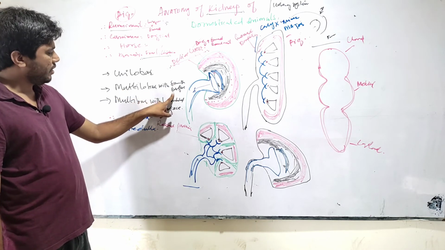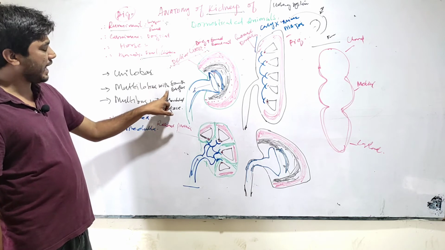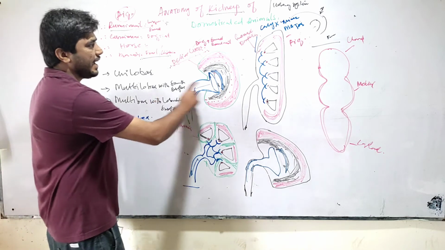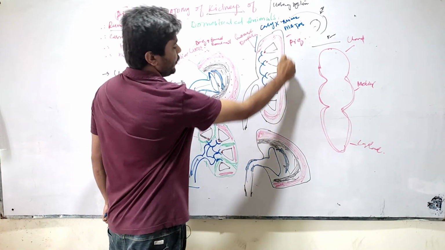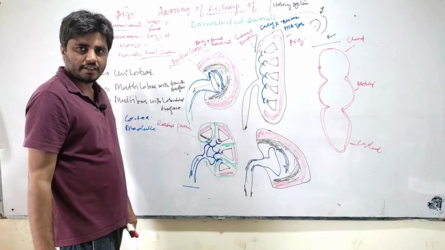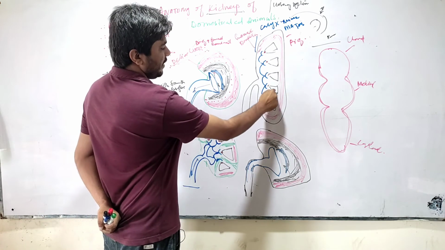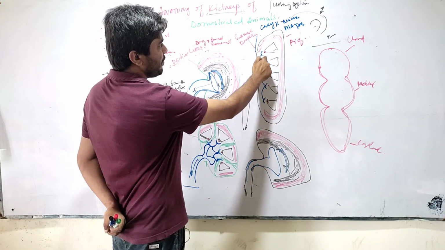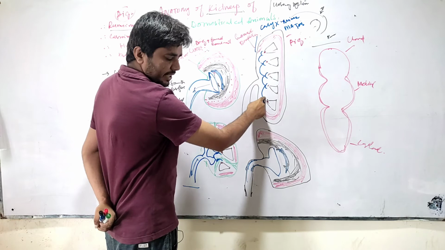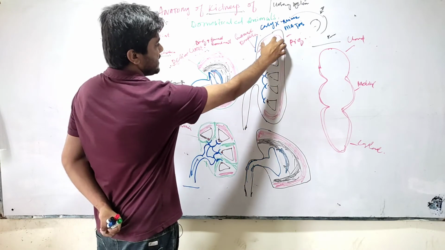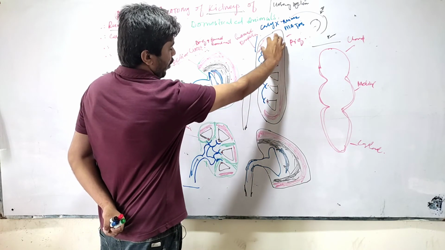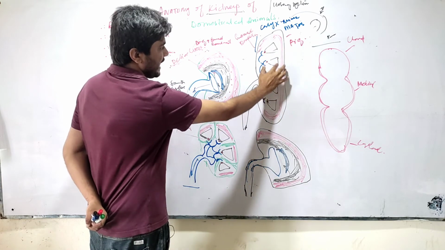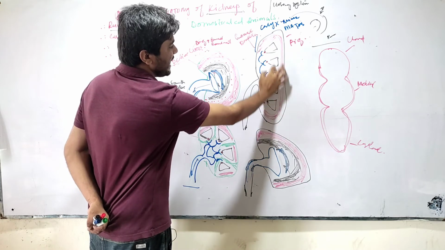Next we have multilobar with smooth surface. Such a kidney is the kidney of the pig, because it has a fused cortex, but the medulla is divided into pyramids, and it also has major and minor calyces. Outwardly it is smooth, and internally it has 1, 2, 3, 4, many lobes.